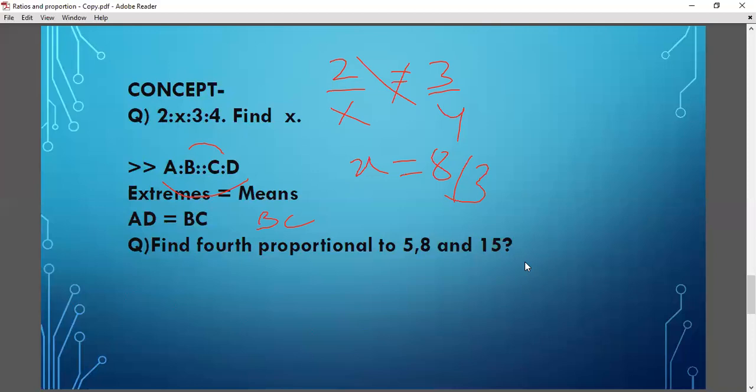So our final equation becomes AD equals BC. You need to remember that, and if you follow this method, there are fewer chances of committing mistakes. Also you can use this method and check whether your answer is coming out to be 8 over 3 or not. Yeah, it is coming as 8 over 3 upon using this method also.